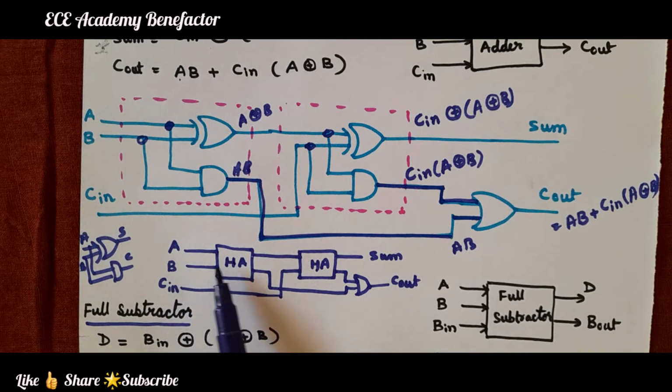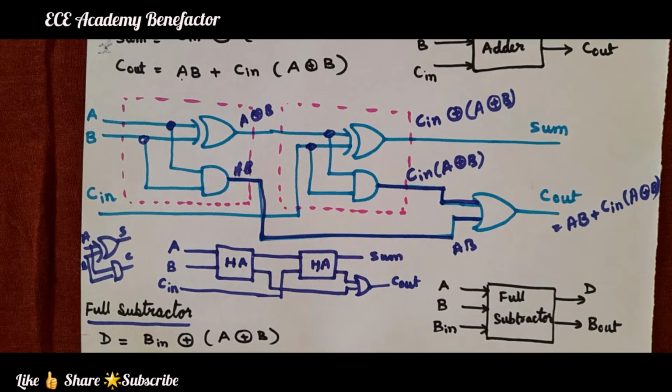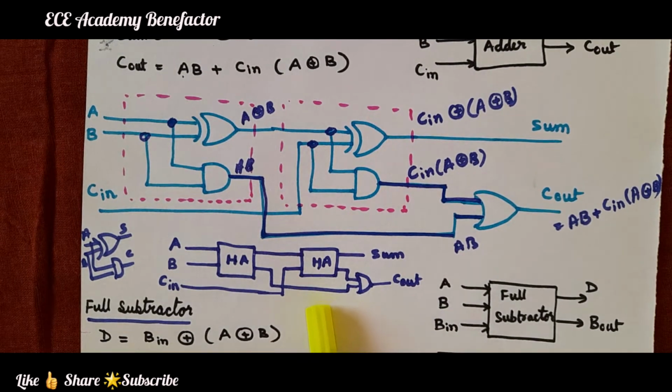For the first half adder, the two inputs are A, B. For the second half adder, this sum is one input and the other input is C in. This is sum, this is carry out. The carry out of the first half adder and the carry out of the second half adder are ORed to give the C out.